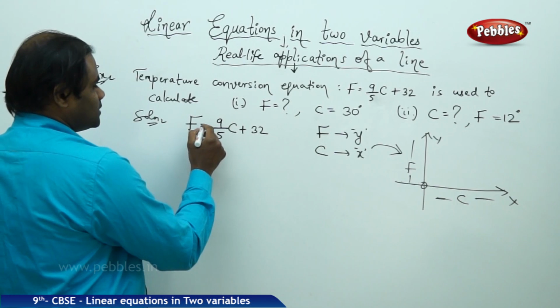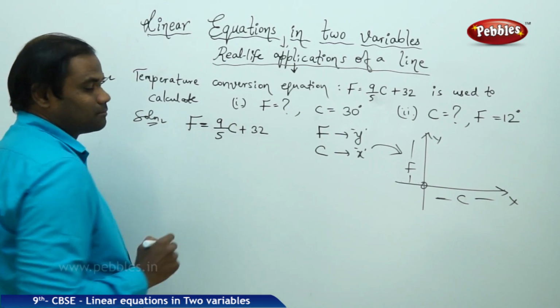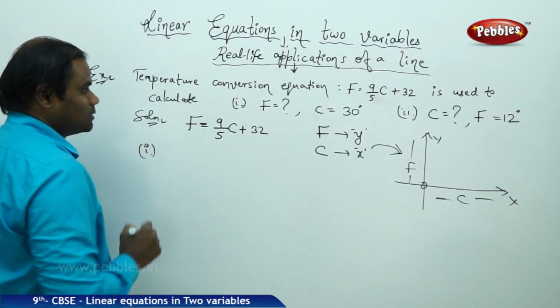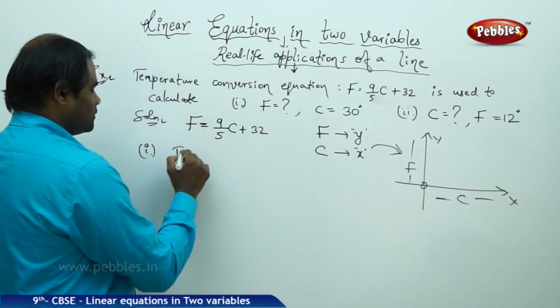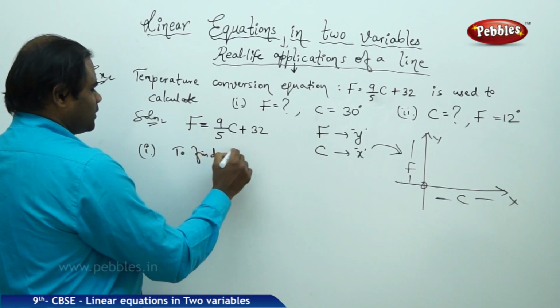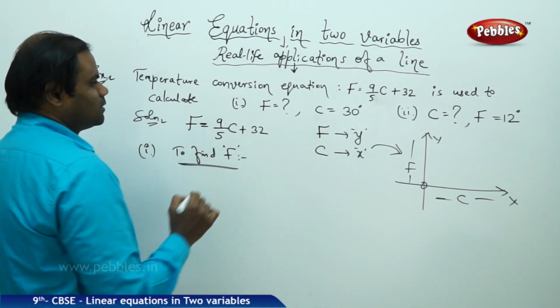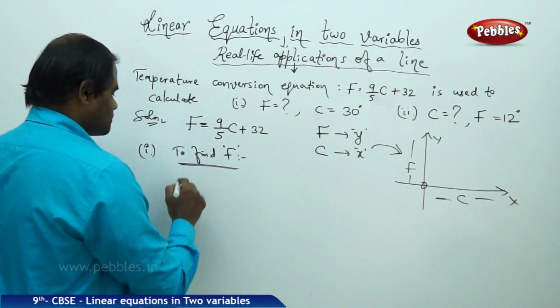The Fahrenheit is 9 by 5 C plus 32. My question 1 demands finding F when C is 30 degrees.